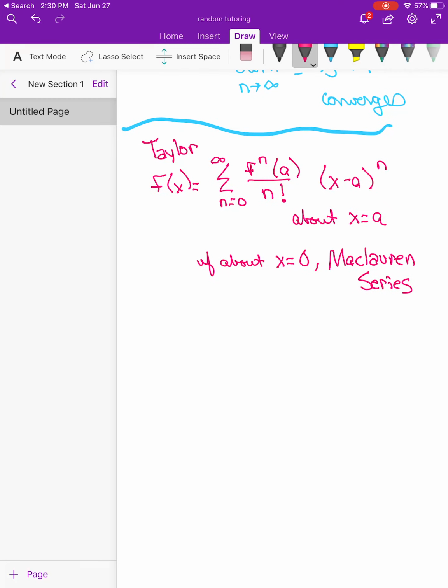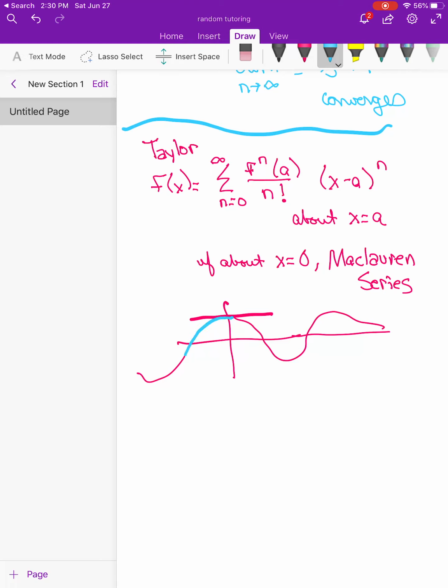But basically, the Taylor series tells you, if I have a graph of, let's say, a cosine graph, and I want to know what happens as it approaches 0, I'm looking for a function that's going to model this in a similar way.